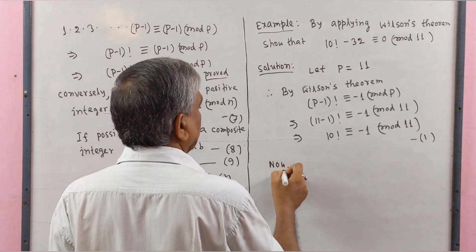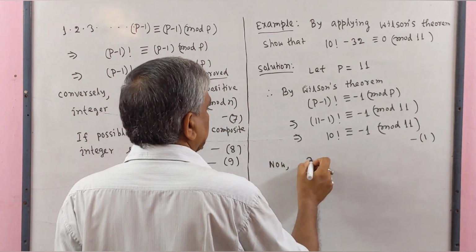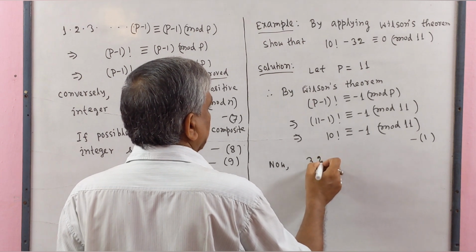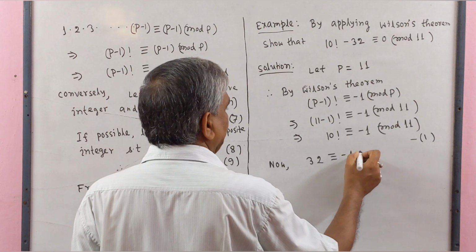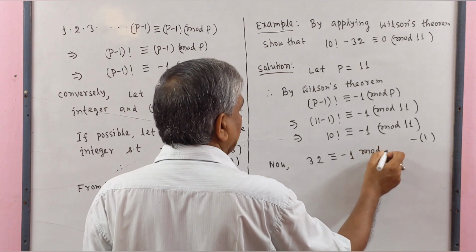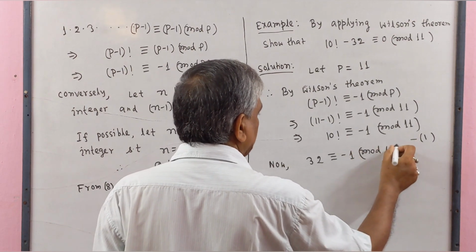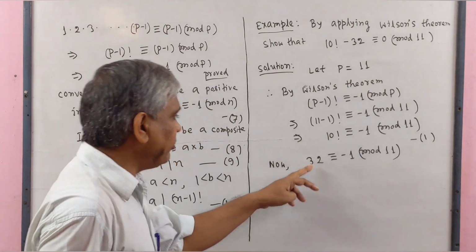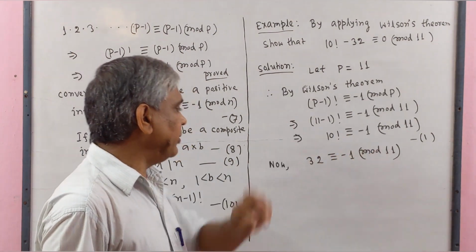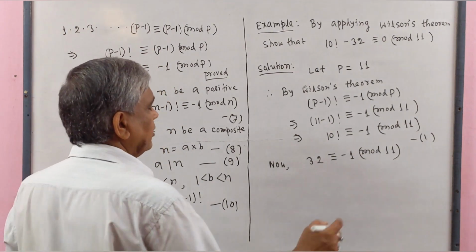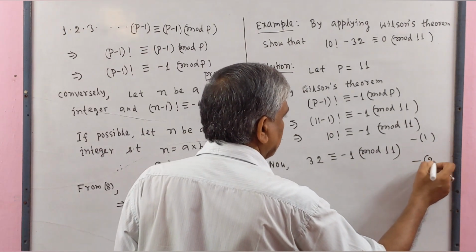Now 32 is congruent to minus 1 modulo 11 because 32 minus minus 1, that is 33, is divisible by 11. This is number 2.